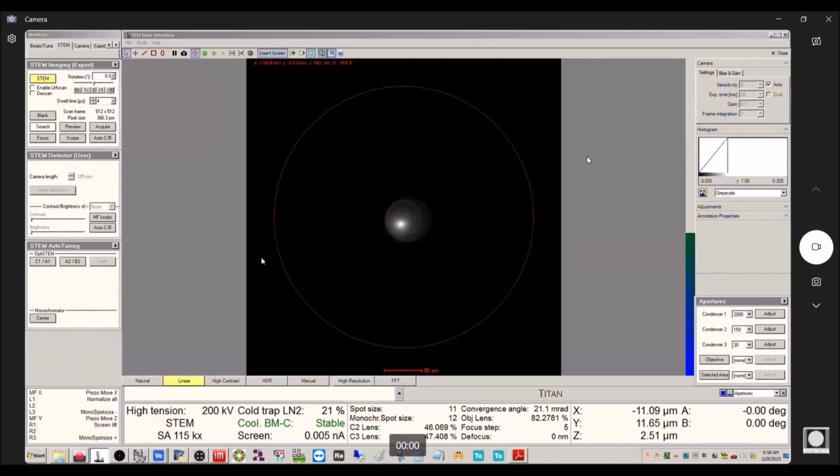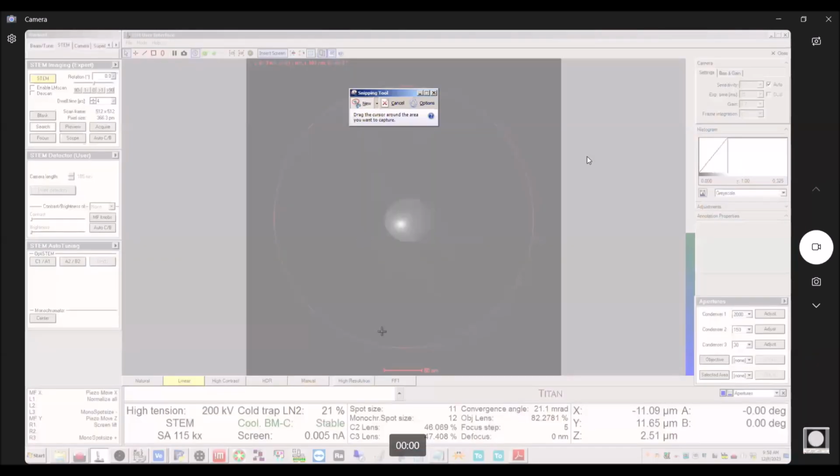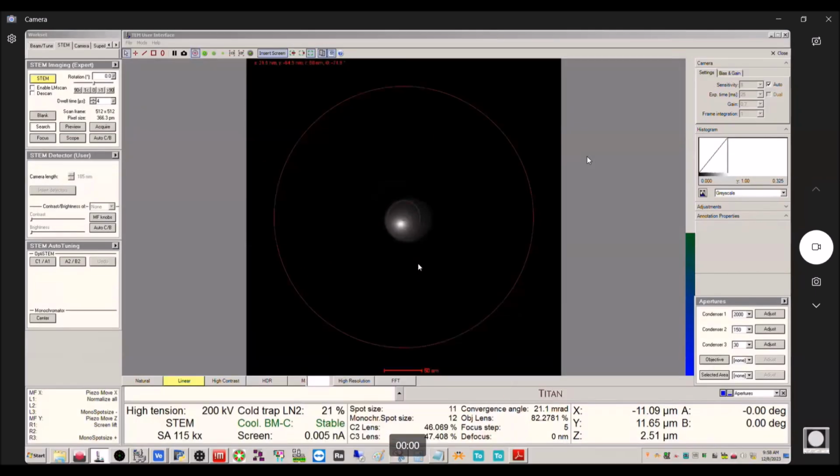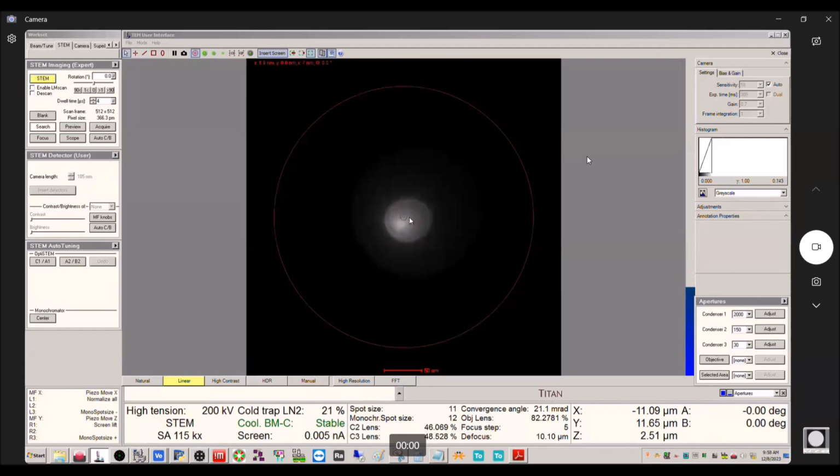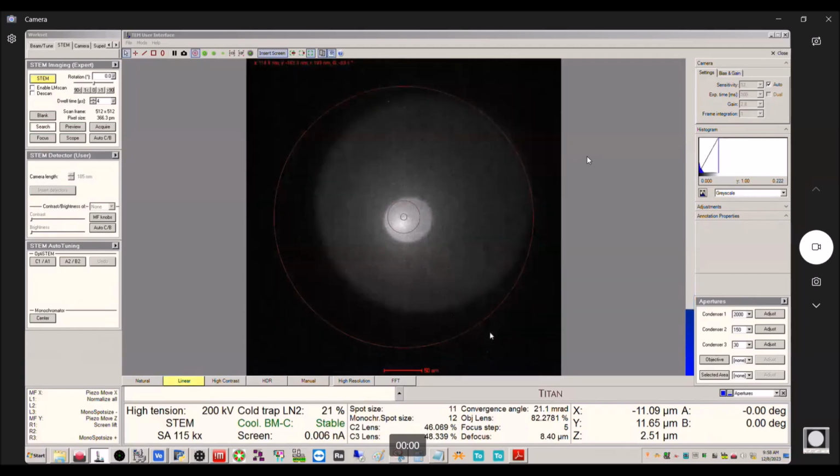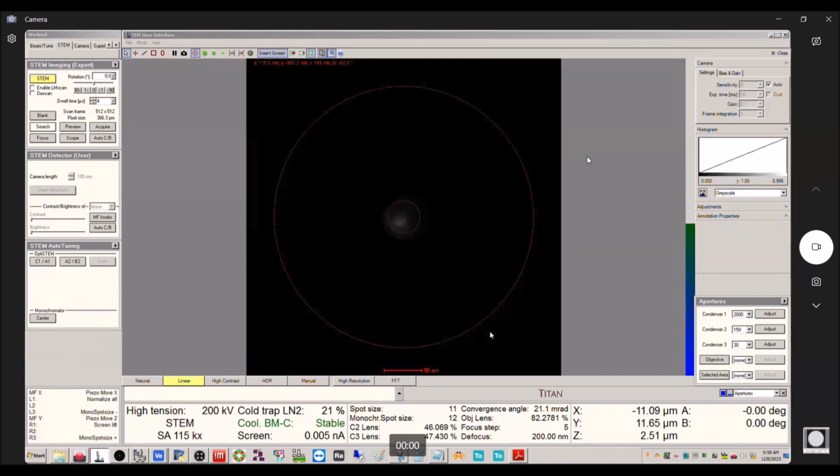So what we have to be careful with here is, this is optimal in terms of the focus condition. Let me take just a snapshot of this so I have it to remind me what my C3 lens needs to go back to. But now if I adjust intensity, I'm changing the C3 lens. Anyways, this is how we center, just like how we would normally center.